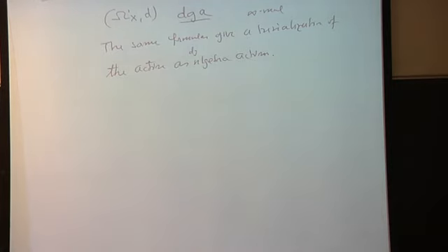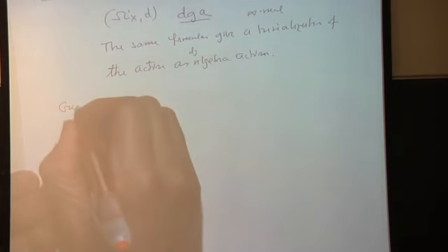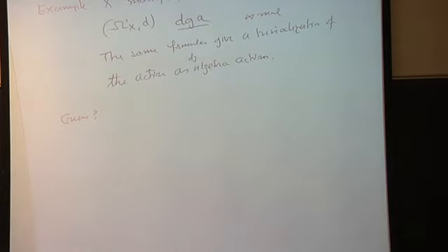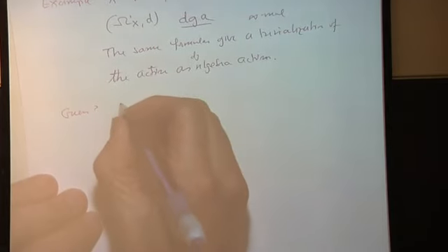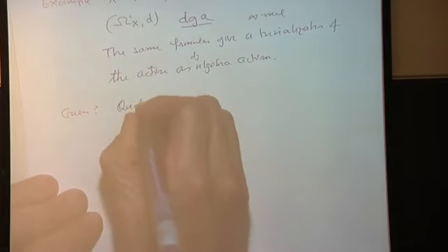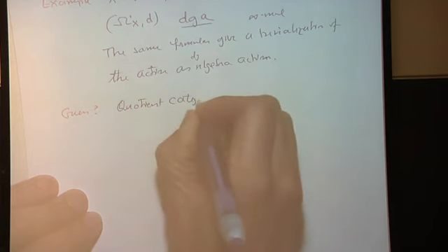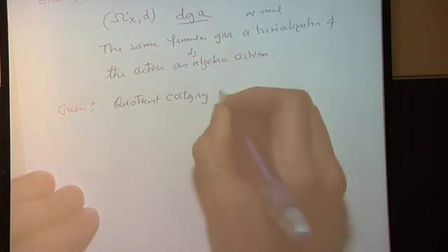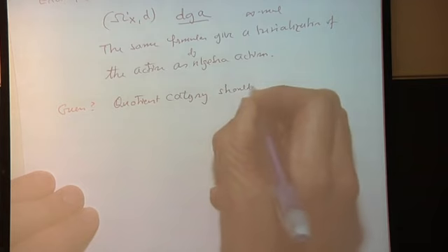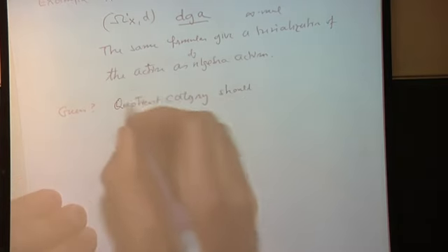So from here you might have a guess. Something like the quotient category should be, actually no, that would be a fixed point category.